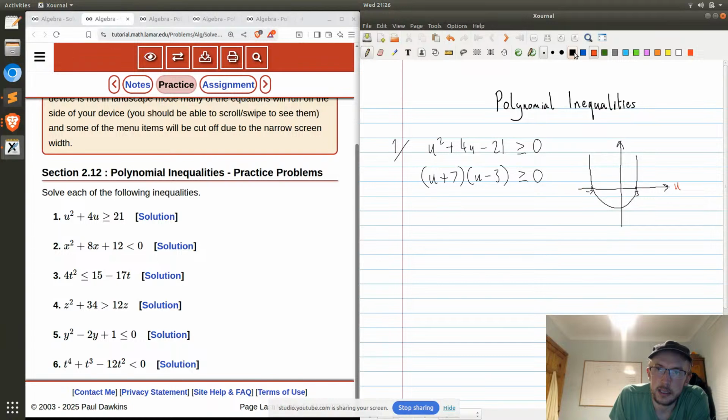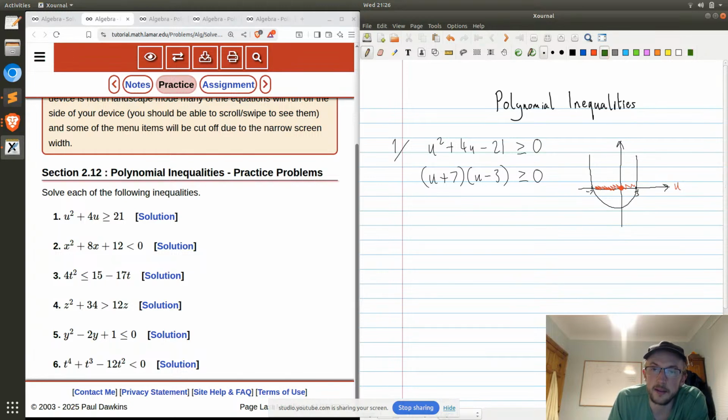Okay, so if I stick in 0, well, then I get 0 plus 7 times 0 minus 3, which is minus 21. Is minus 21 greater than or equal to 0? No, it is not. And so the middle of the number line is excluded because I tested 0, which is in that region, and it doesn't work.